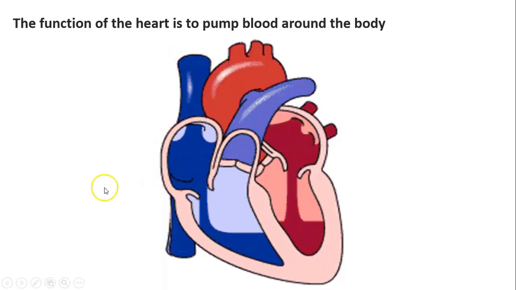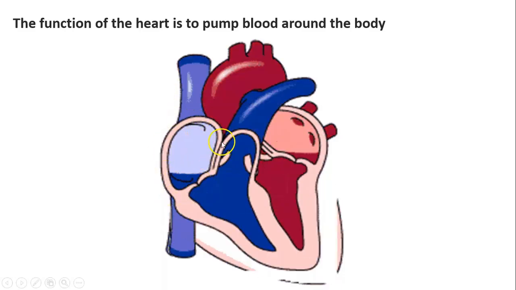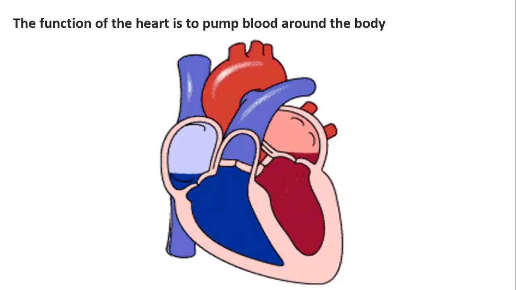The blood now is deoxygenated because it already distributed the oxygen to every single cell of the body, and now it returned to the heart without the oxygen or with very little oxygen. It will be poured from the vena cava into, since it's entering the first part of the heart, an atrium.